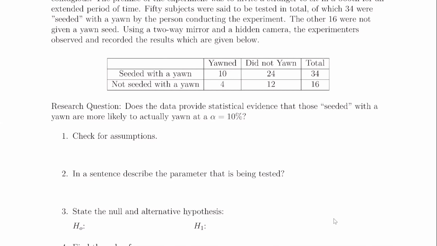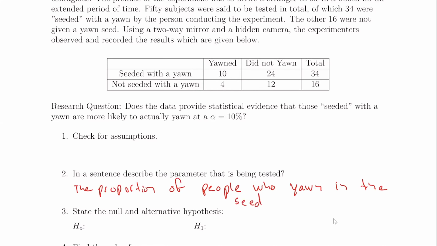Well, the parameter being tested is the proportion. So the proportion of people who yawn in the seated and non-seated group.